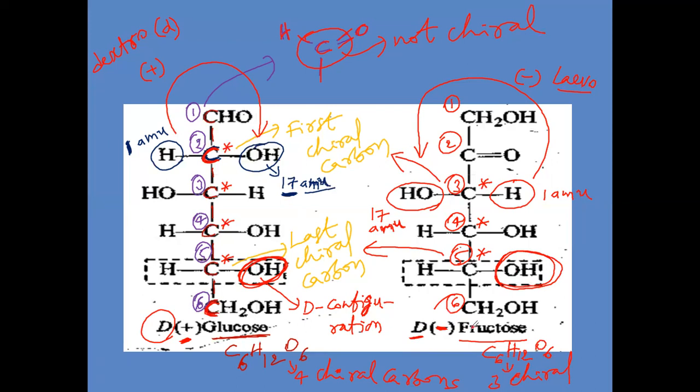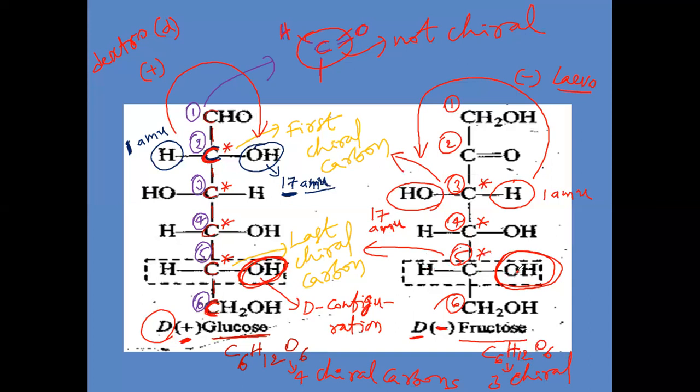Have you understood what the configuration D is, and what plus and minus are? D glucose, D fructose. D plus glucose, D minus fructose. So the first chiral carbon decides plus or minus. The last chiral carbon in the molecule decides capital D configuration or capital L configuration. In which case do we say L configuration? If the OH group on the last chiral carbon is on the left side, that will be called L configuration.